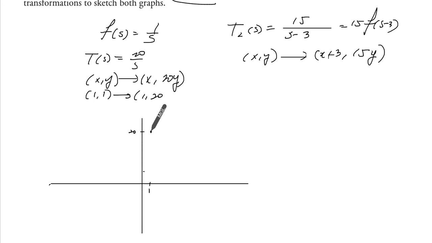There'll be a point there. And normally at 20, it'll be 1 over 20, but it'll be 1 now. And by symmetry, there's going to be another point at (negative 1, negative 20).